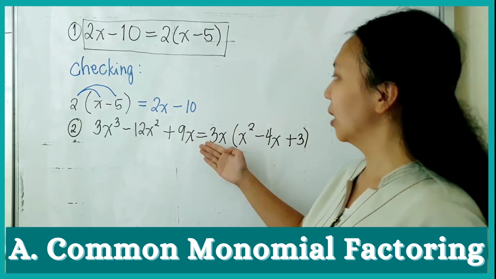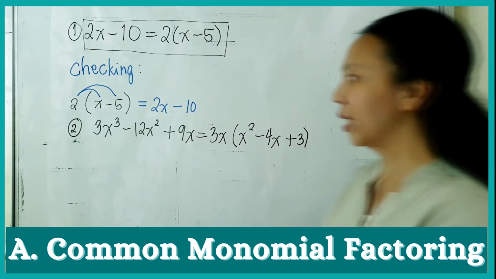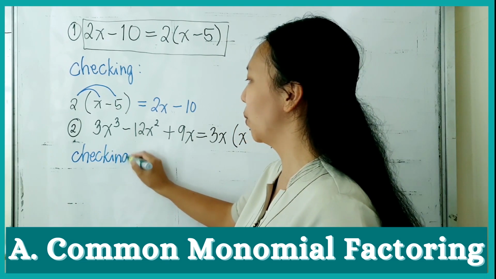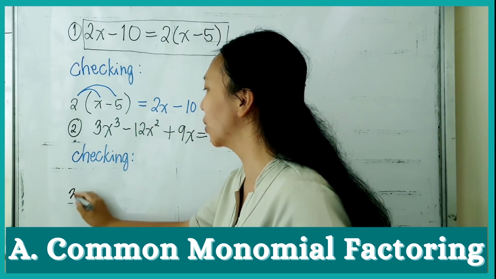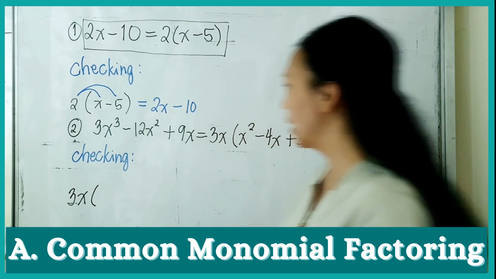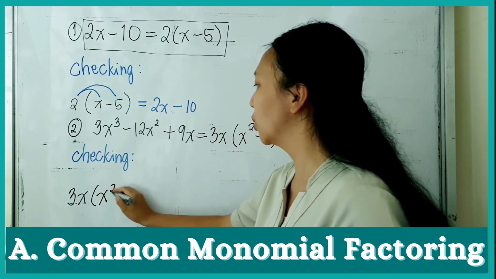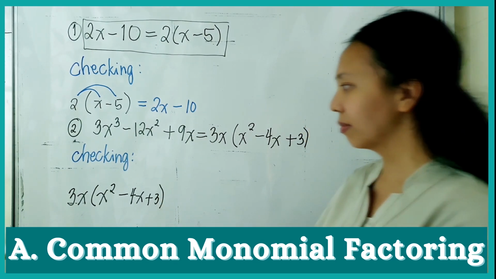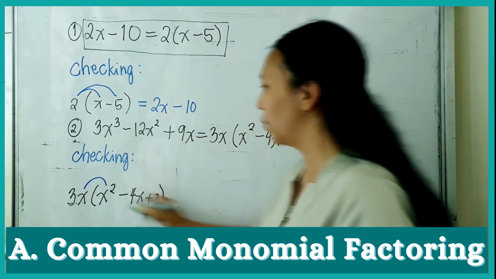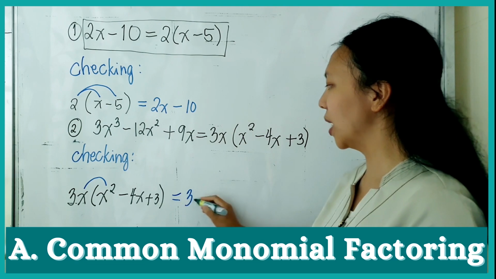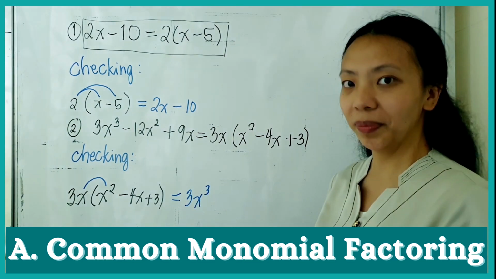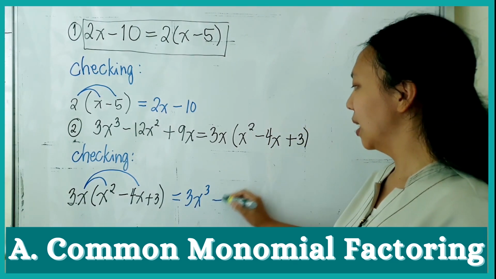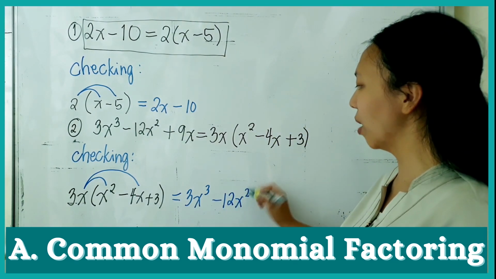Let us now check if the factors we obtained are correct by applying DPMA. So, we again multiply the factors we obtained. 3x times the quantity x squared minus 4x plus 3. 3x times x squared equals 3x cubed. 3x times negative 4x is negative 12x squared.